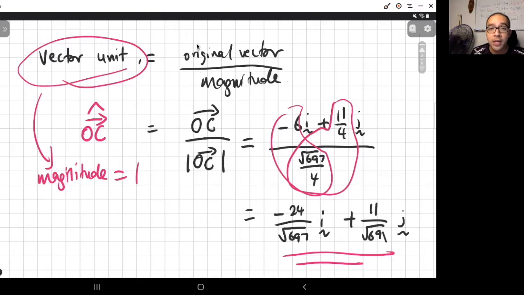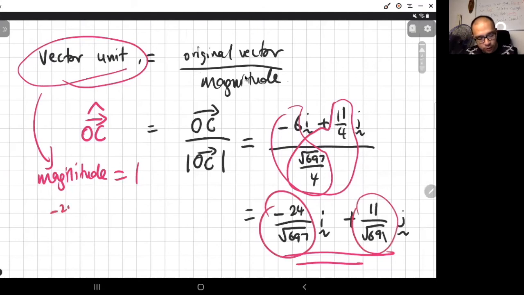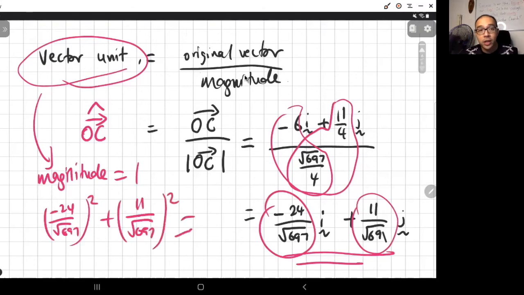If you don't believe me, you can take some time and calculate this magnitude lah. -24 over square root 697, the whole thing squared, plus 11 over square root 697, the whole thing squared. You calculate and you get the value of 1. Confirm, definitely 1, because that's what vector unit means. Vector unit is a vector with 1 unit. The magnitude is 1 unit. So cara kita menulis adalah dengan menggunakan cara ini.